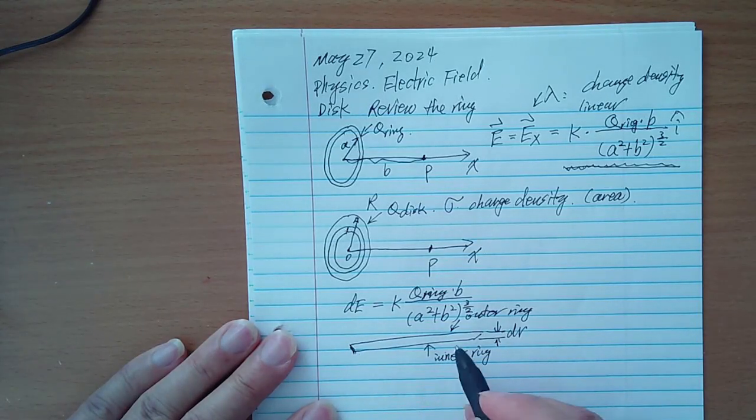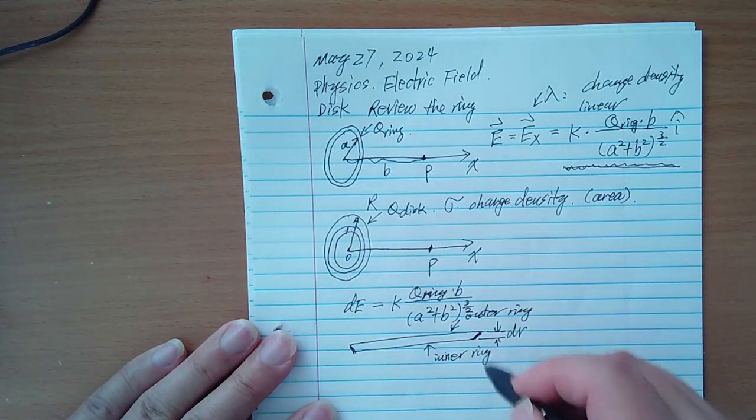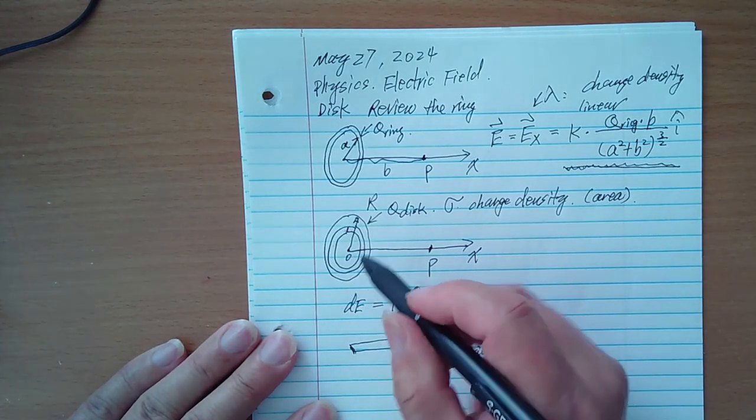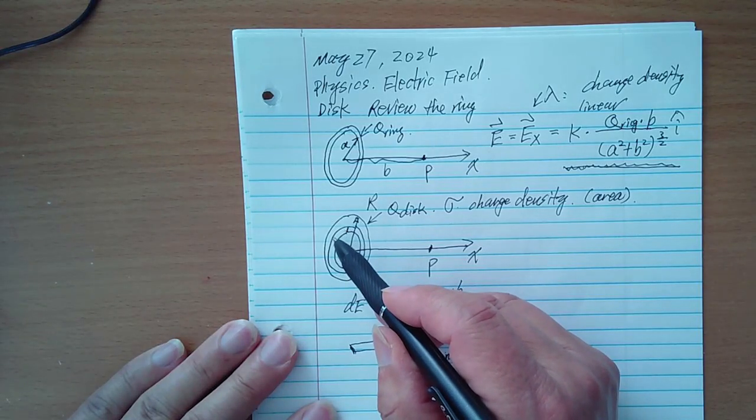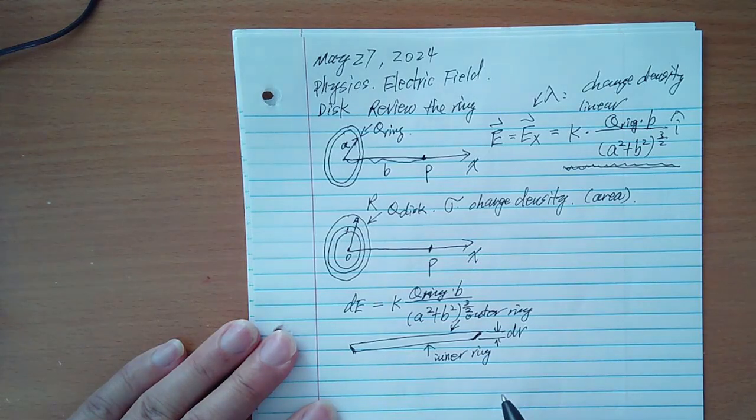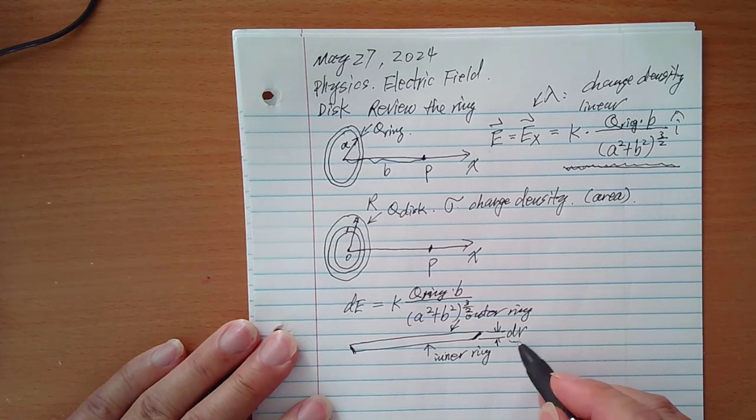Notice this too. Instead of straight, I could tilt it because the inner ring is a little bit smaller than the outer ring, right? And in this problem, we just assume the same, since dr itself is very small.